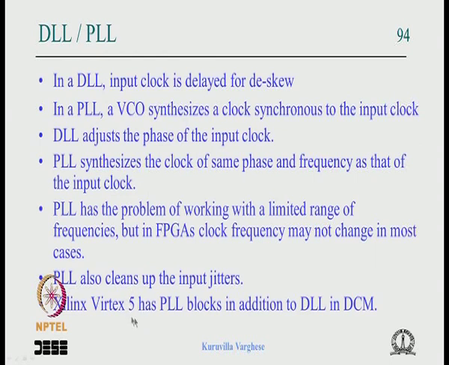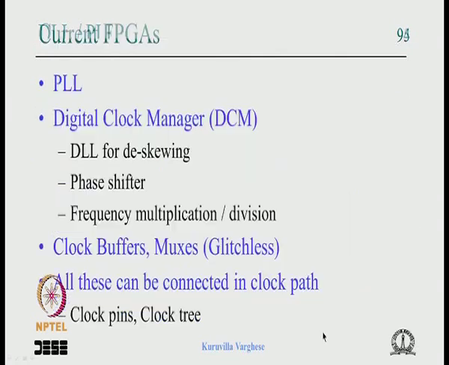In the current FPGAs you have PLL blocks in addition to the DLL in the digital clock manager. The digital clock manager contains the DLL for deskewing. It has a phase shifter, so the input clock can be phase shifted by 90 degrees, 180 degrees and so on.